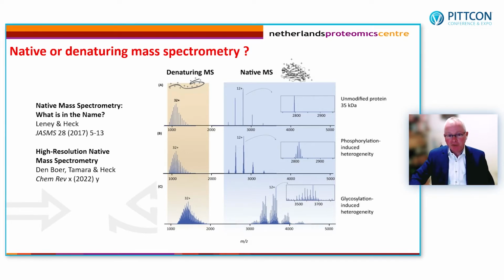And by becoming denatured, they also become, in this acidic pH, highly charged. And therefore, if we analyze proteins by standard LC-MS, we get of a single protein a lot of different charge states. As you can see here in the brownish block, an enormous amount of charge states at low m/z. The protein is fully denatured. It's not functional anymore, of course.